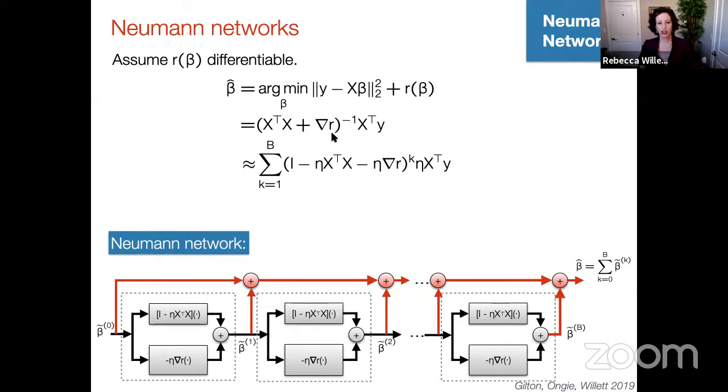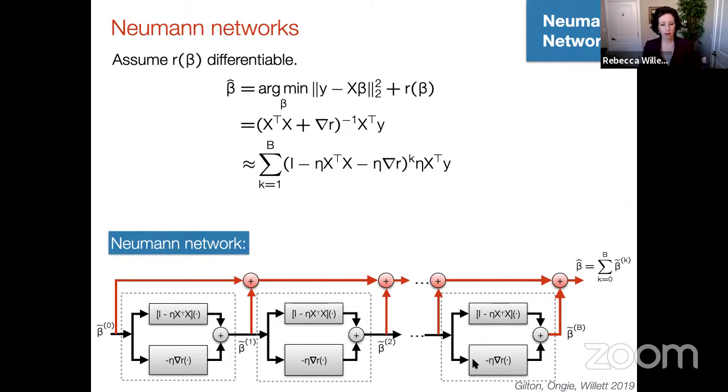Now we've got this messy inverse term. What I'm going to do is take this inverse operator and approximate it using a Neumann series. And now, like I did with gradient descent, I can take this expression for an estimate and write it using a block diagram.